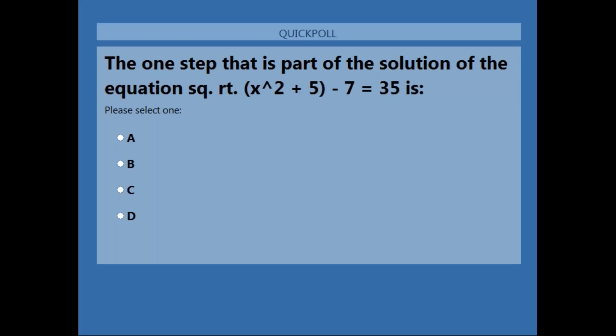Okay, I'm going to show the question and the possible answers as just the names or the numbers of those answers. Which one is part of our solution if we were to solve this equation?